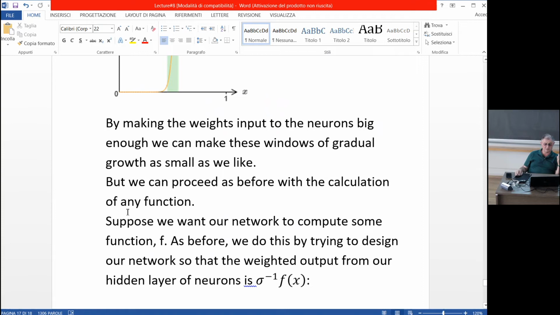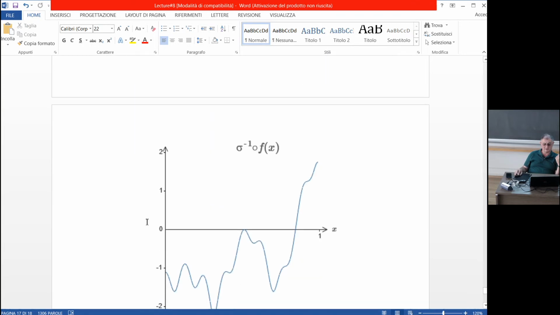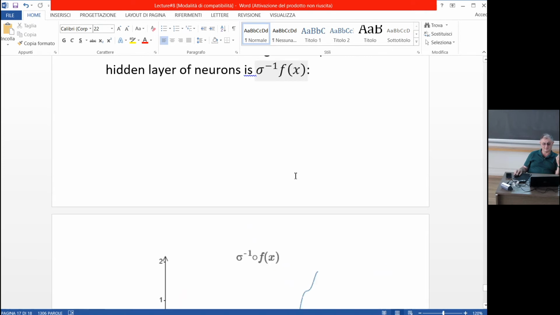So suppose that we want our network to compute some function f. As before, we can do it by designing our network so that the weighted output from our hidden layer is sigma minus 1 of f of x.